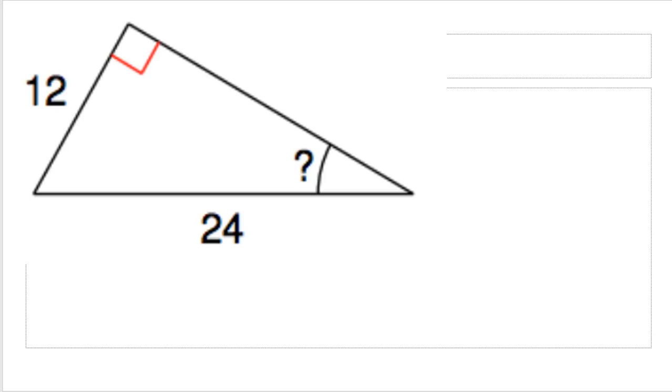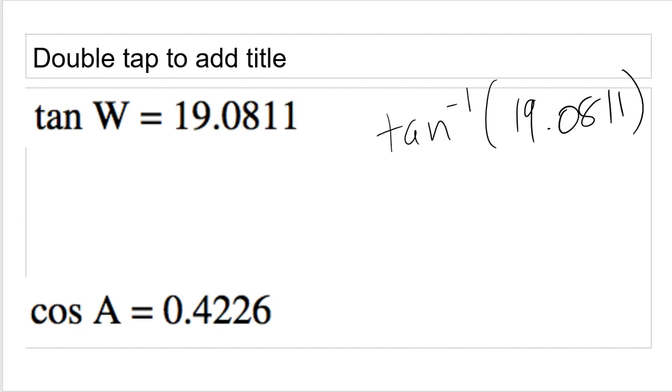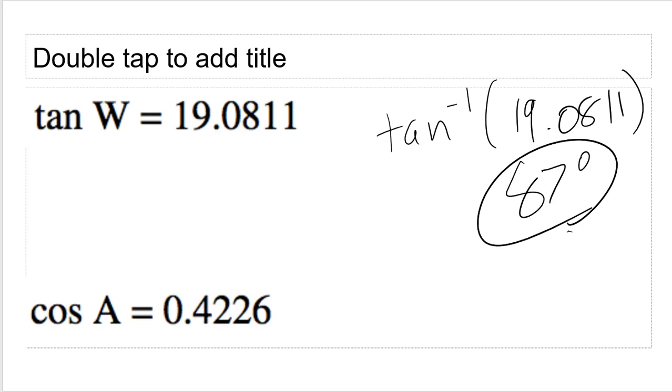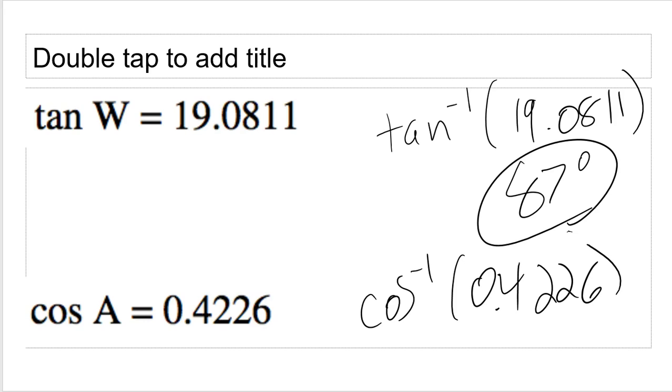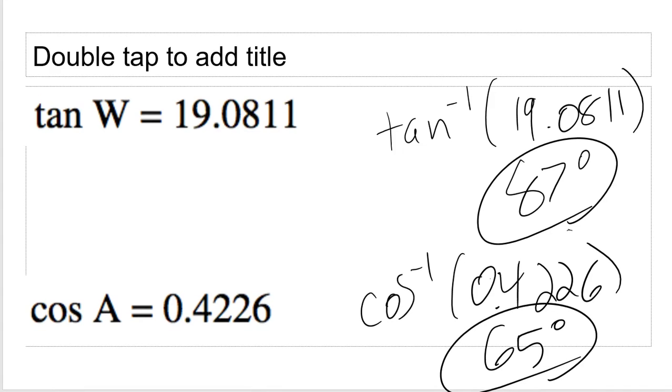That gives us, rounded, 87 degrees. This one, same thing, cosine inverse of 0.4226. I'm going to keep it at 65 degrees. So you can see all we're doing is taking the inverse of those numbers.